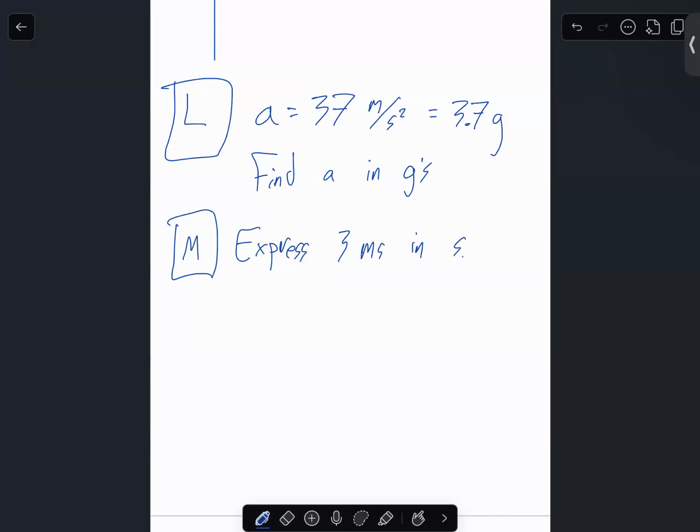Okay, 3 milliseconds. Milli means thousandth. How many decimal places is 1/1000th? One, two, 3. If I shift by 3 decimal places, which direction do I shift?